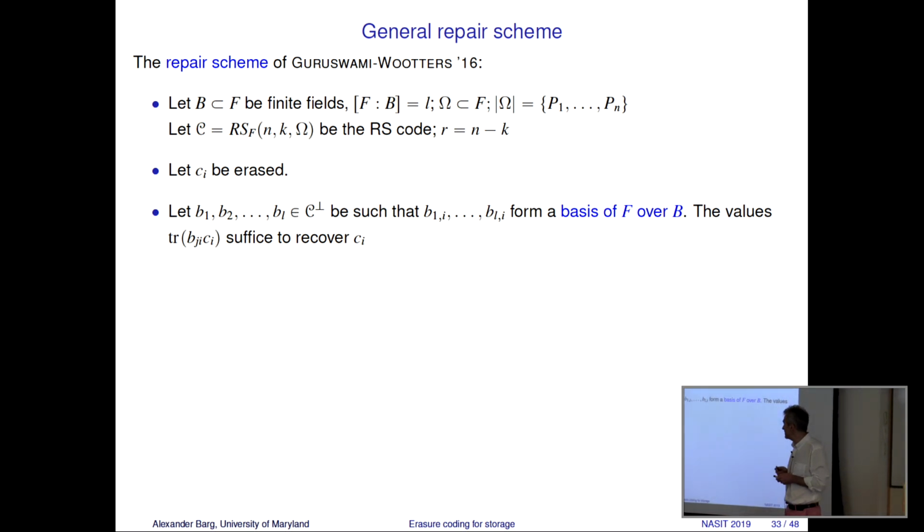Each coordinate is an L-dimensional vector. Let us say that it forms a basis of F over B. As we said, the values of the traces with these basis elements suffice to recover Ci.